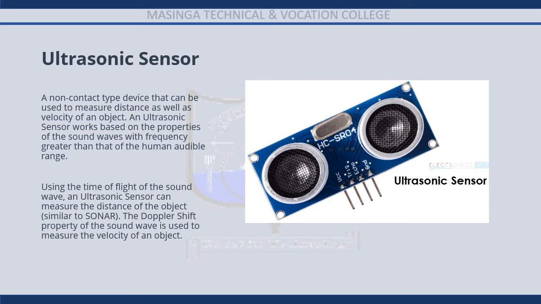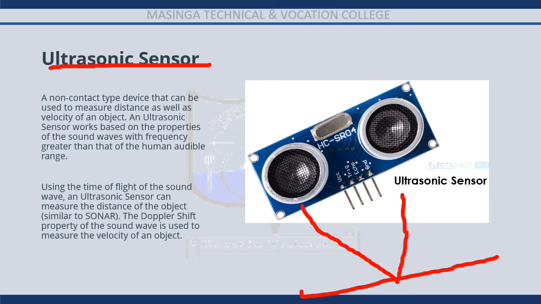Now, the next example is the ultrasonic sensor. The ultrasonic sensor works using the echolocation method. It produces an ultrasonic sound, and this sound is then reflected back off the object to the receiver.